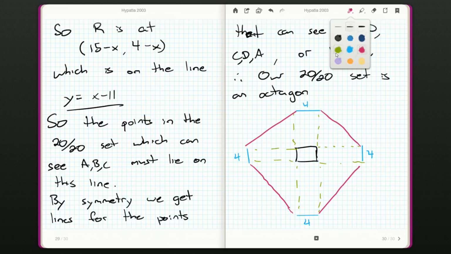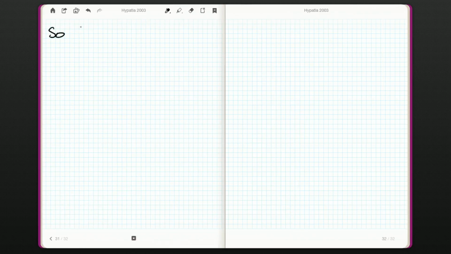Okay. But we're not asked what shape it is. We are asked to prove what the area is. So we have 4 4s, and inside each of these is going to be 10. Each one of these blue lines is distance 10 away from the square. We want the perimeter of the 2020 set.